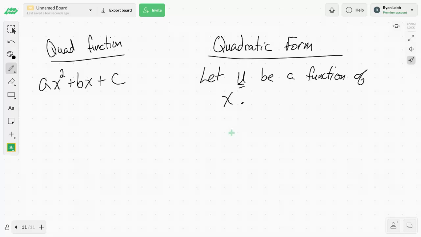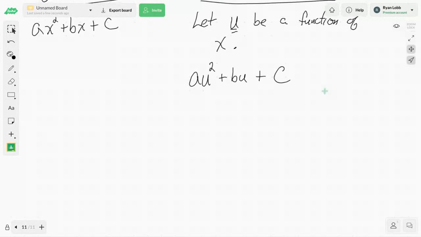So then if that's the case, quadratic form would be u squared plus bu plus c. So that's quadratic form when we're talking about u being some function of x. And that might be a little confusing. So let's look at just a couple examples of what a quadratic form would be. So suppose here in this first one, I'm going to let u be equal to x squared. So u would be x squared.